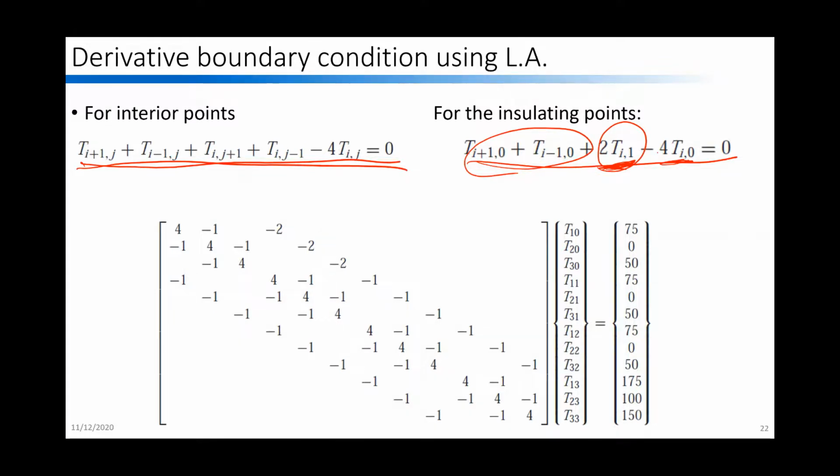So in terms of derivative condition, just like with boundary value problems, for partial differential equations, we end up having to input additional elements into our matrix for solving these problems.